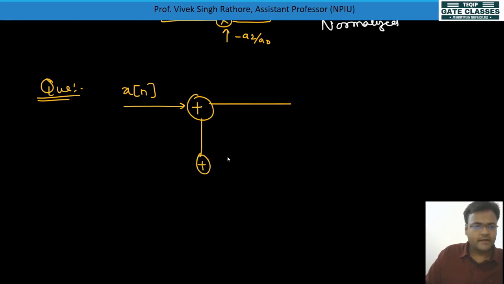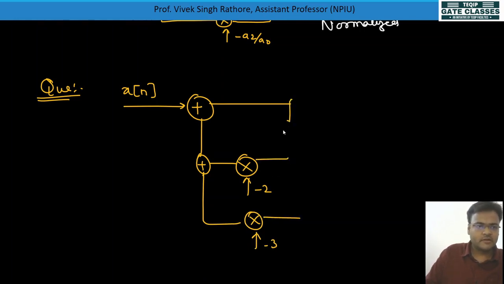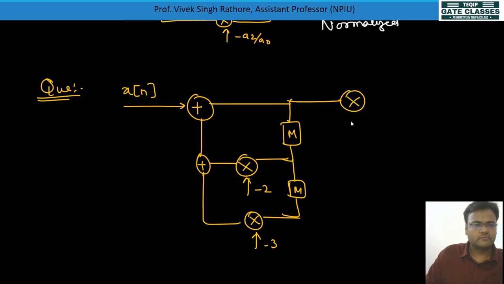Okay, and here this is minus 2, and here minus 3 is there. Then here a delay factor is there. It will go on, again a delay factor is there, and again here 2 is there, and then again here 3 is there.